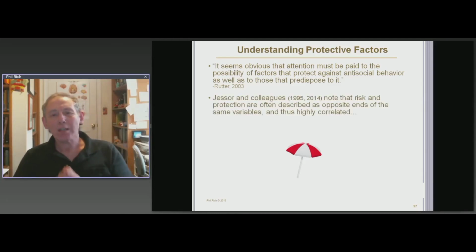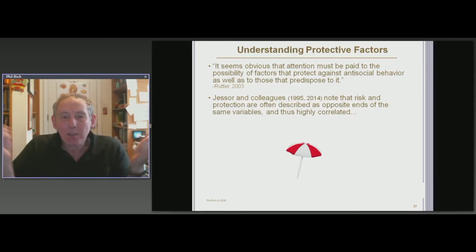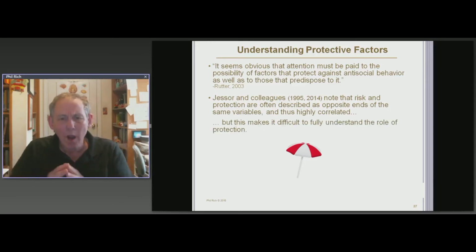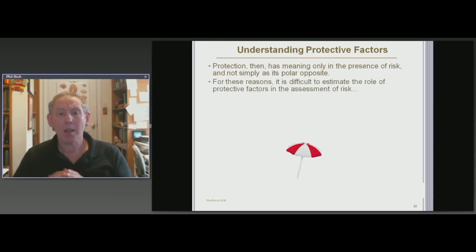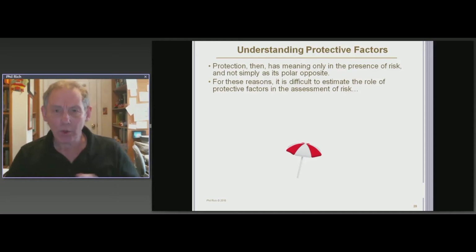And Jessor and his colleagues point out that because risk and protection are often conceived as opposite ends of the very same continuum, and so they're very highly variable, it makes it difficult to understand the role of protection. For the most part, protection has meaning in the presence of risk, not just as its opposite. If I'm carrying an umbrella around, it really is only protection if it's raining out.